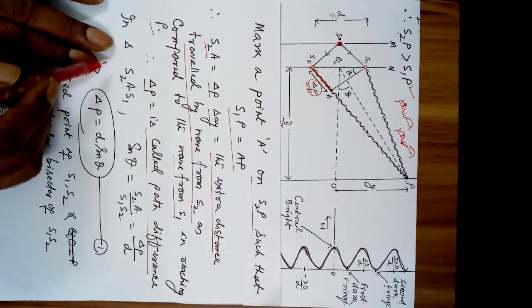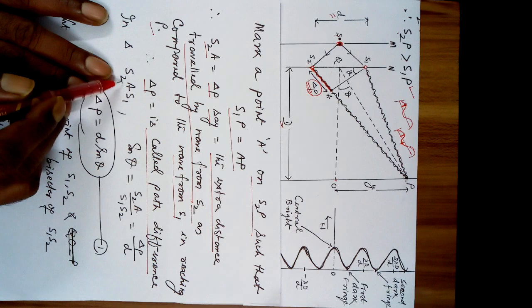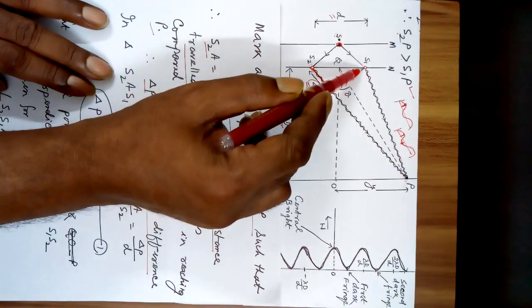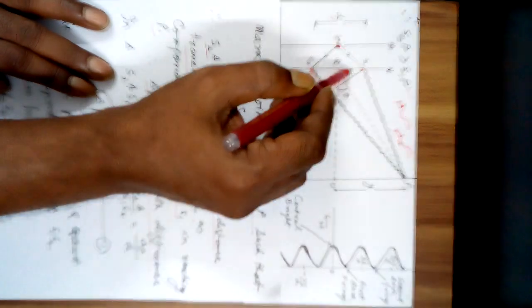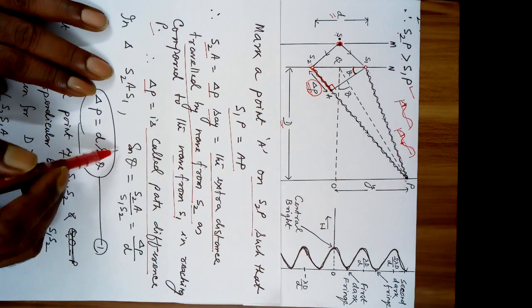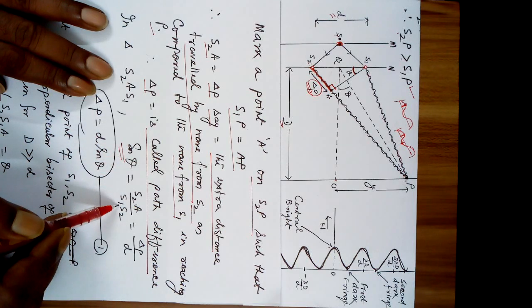Now, in triangle S2AS1, if I take this angle as theta, this is 90 here, so sine theta will be perpendicular over hypotenuse.